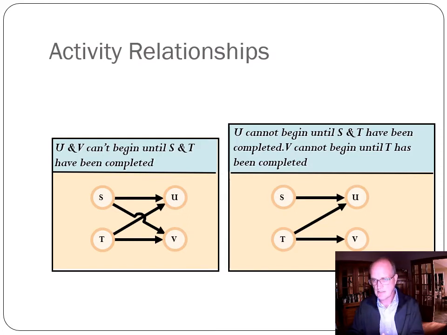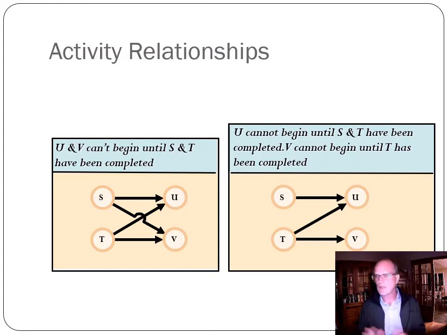In this case, the one on the right, S precedes U and T precedes both U and V. So if T finishes before S finishes, U can't start, but V can.